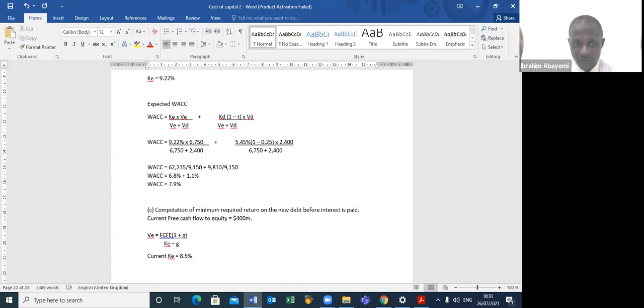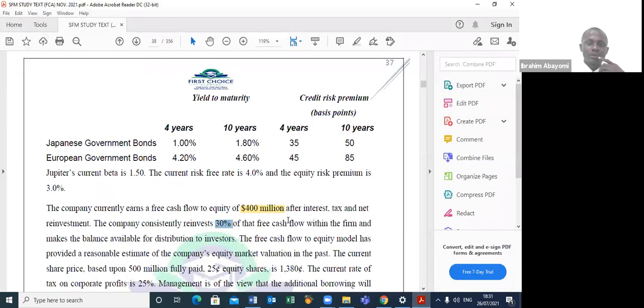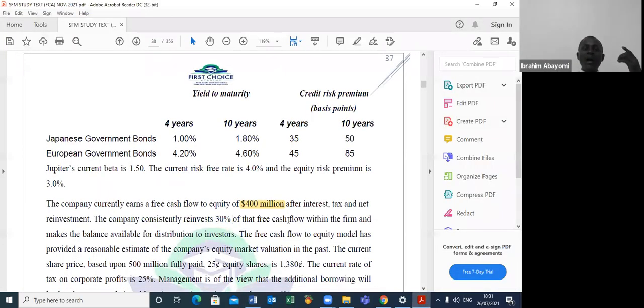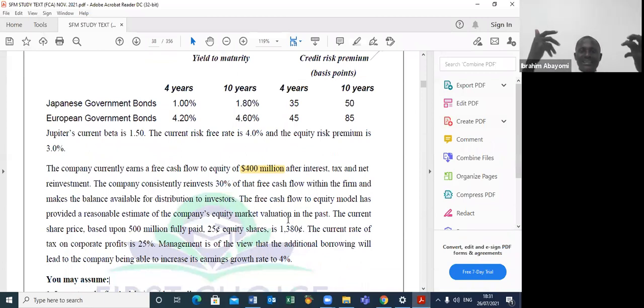Now ask yourself, is this cash flow growing or constant? Let me go back to the question so that you can see. Do you have any information in this question that suggests that free cash flow is growing or not? Look at it closely.